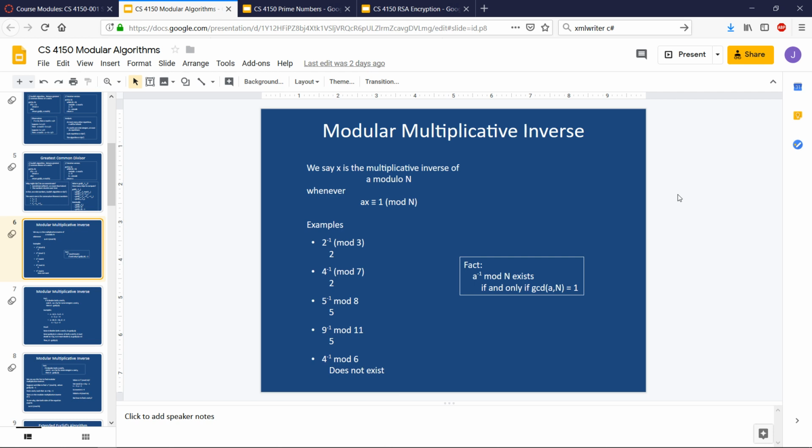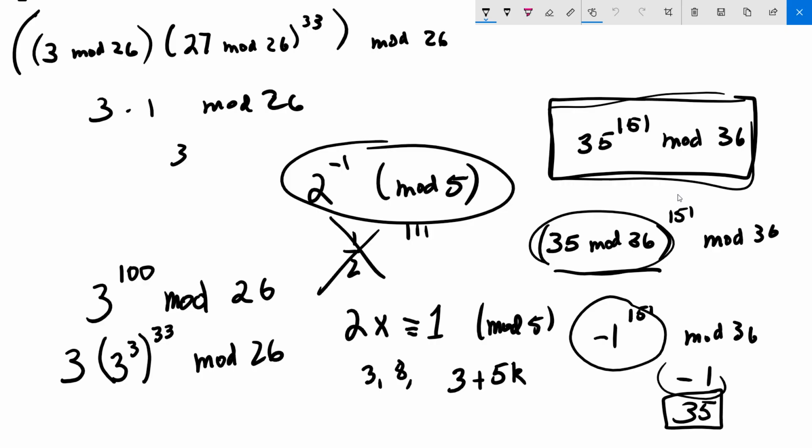Yes? I was wondering if you could go over how the congruent works for modular. So I think it's like the x prime and the y prime example. All right, so you're asking about congruence?